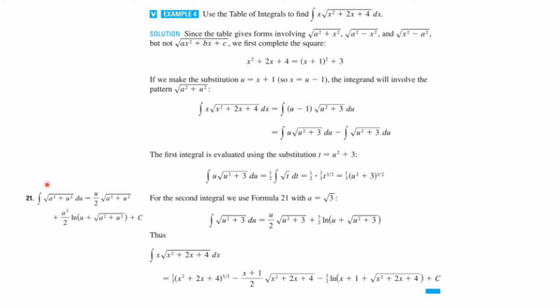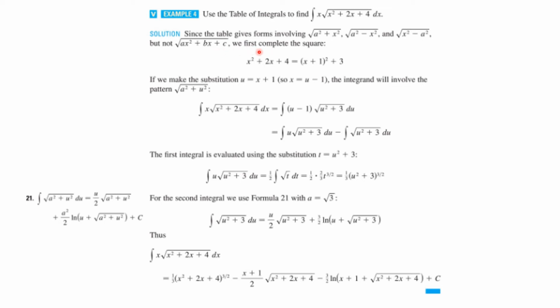Now, from the table that I'm referencing, we're going to use formula number 21, but let's talk through the solution a bit. Since the table gives a form involving the square root of a squared plus x squared, it also gives other forms for the square root of a squared minus x squared and the square root of x squared minus a squared, and you recognize all these as trigonometric substitutions, but it doesn't give you the form for this.